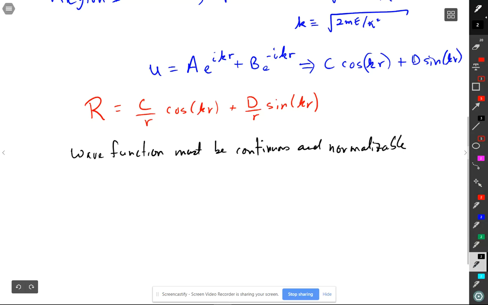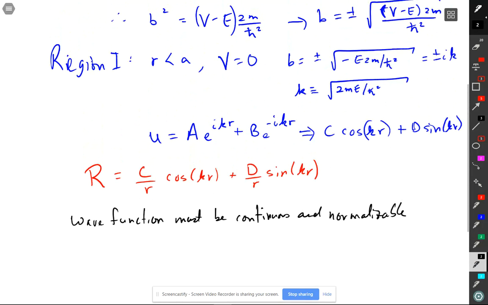Perfect. Must be continuous and normalizable. So we look at this. Now, this was in the region for r less than a. And of course, r can't be less than 0. So r is greater than or equal to 0, and less than or equal to a, technically. I've been loose with my less than signs versus less than or equal.